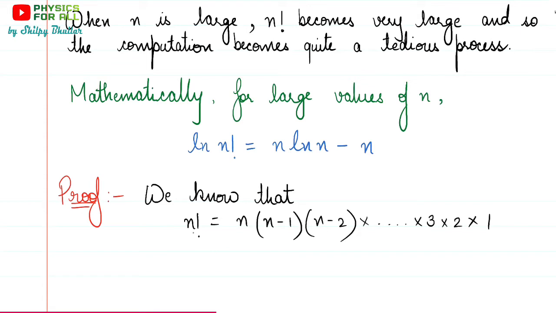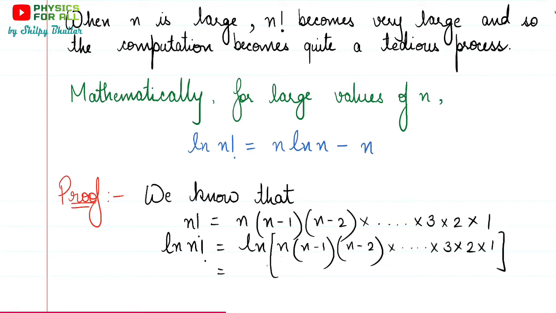So what if we have to find the natural log? If we take the natural log here, first I'm just going to write all this inside a big square bracket. Now if I open it, what do we get?